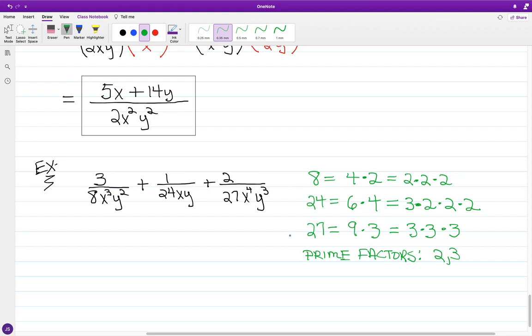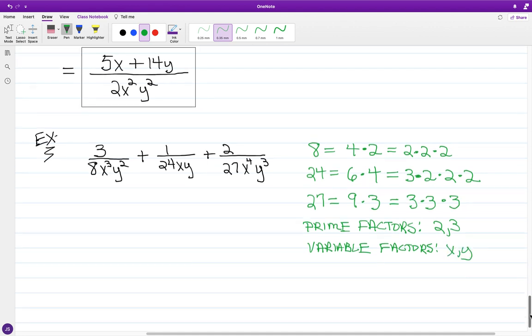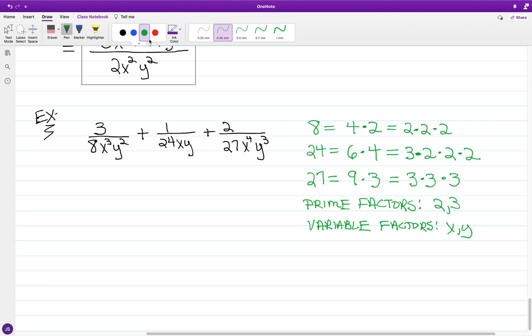And we have the variable factors, which are the letters x and y, and we're just taking what we have for the least common denominator.